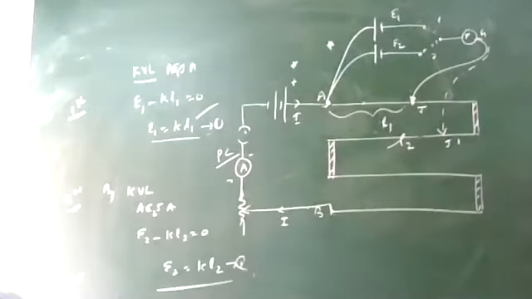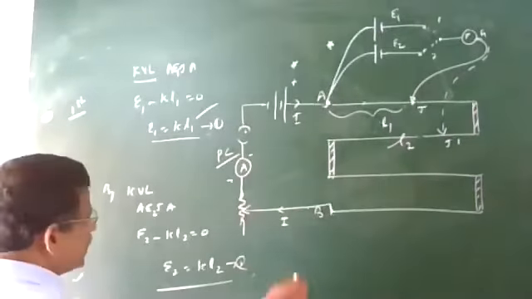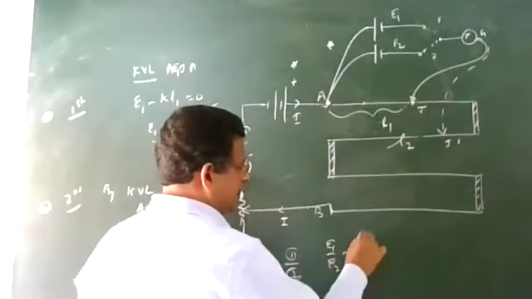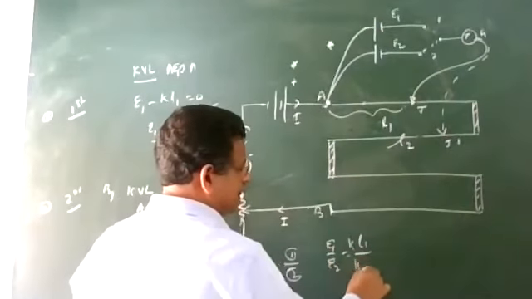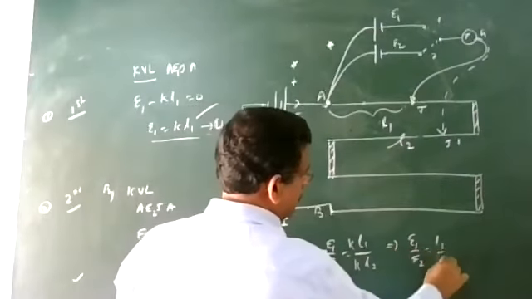So by knowing the balancing length, the EMF can be calculated. K is the potential gradient constant for the potentiometer and can be calculated. Take the ratio 1 by 2. So E1 by E2 is equal to K L1 by K L2, that is E1 by E2 is equal to L1 by L2.